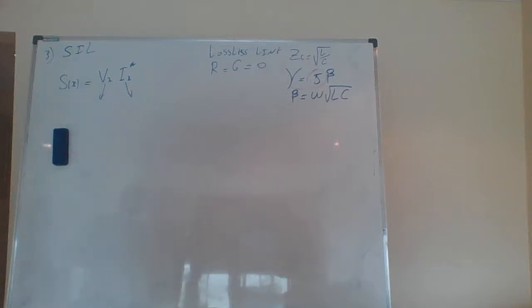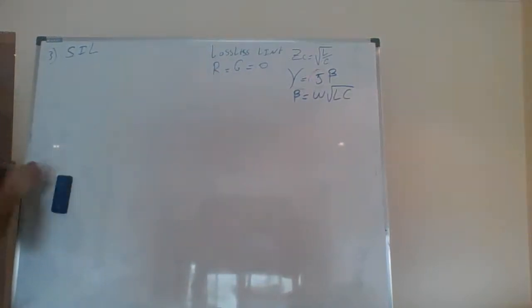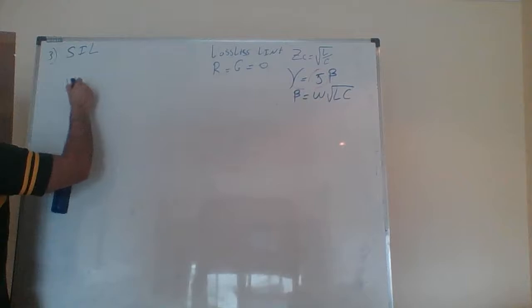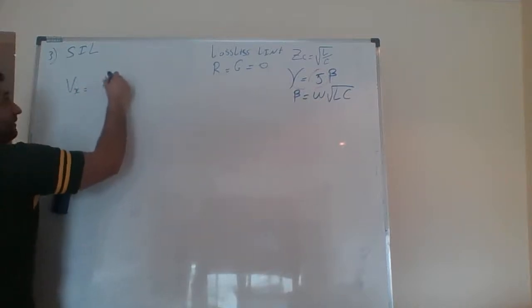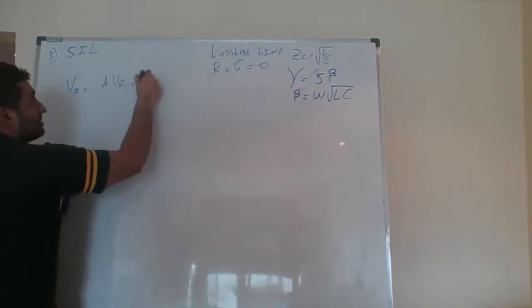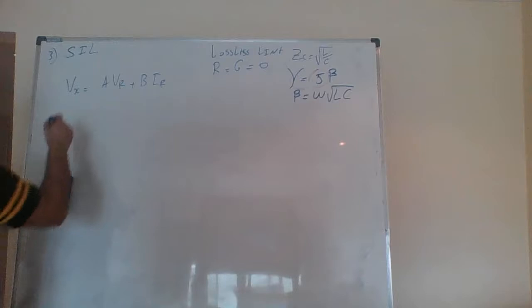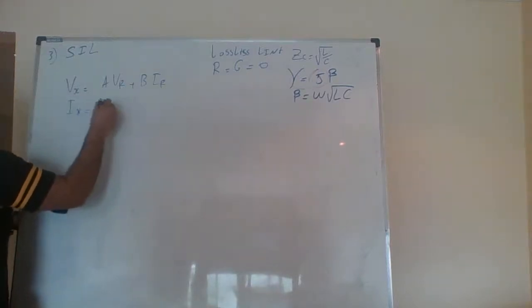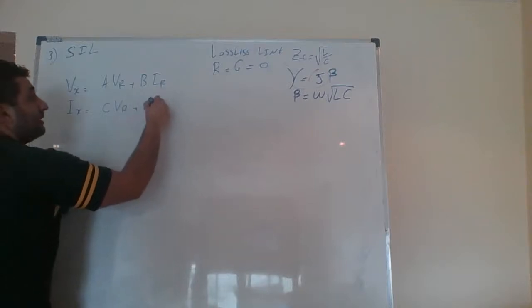Remember, I have A VR plus B IR. If I go back and recall, V of X, the voltage at point X, is equal to A VR plus B IR, and Ix is equal to C VR plus D IR.